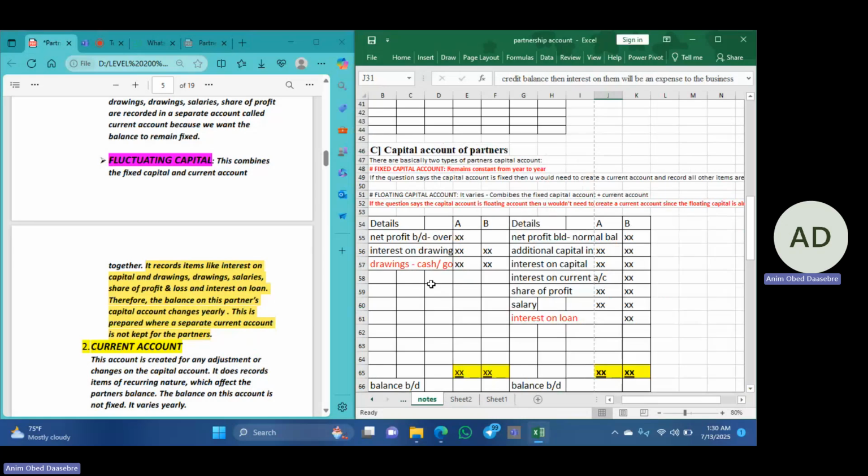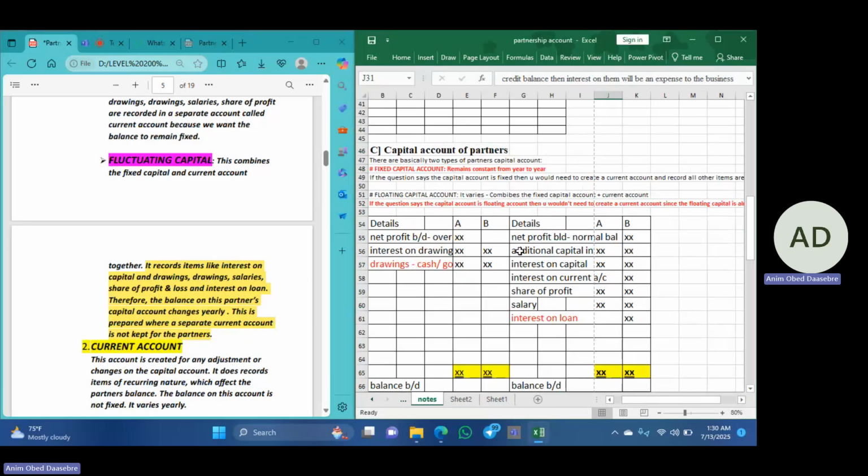So if you open the fluctuating account, inside it we have the fixed account being recorded in there. We also have any items that we record in the current accounts also in there. So the floating accounts, as you can see on the slides in the Excel, the table over there is the interface of the fluctuating accounts.